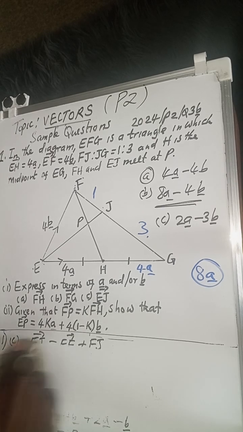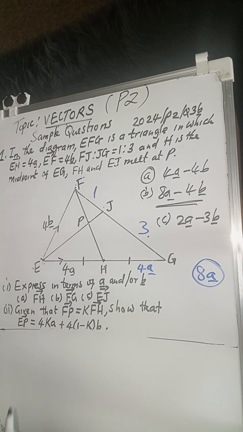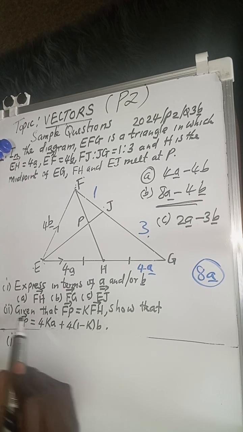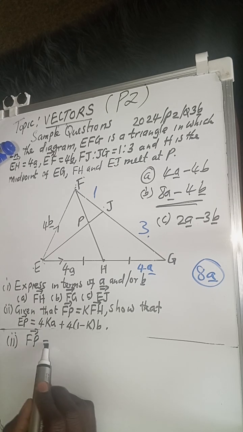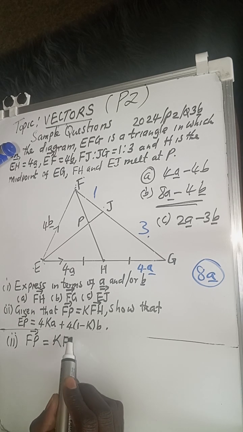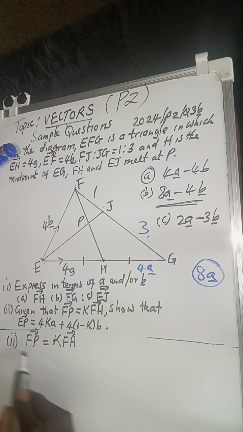Let's move on to the Roman 2 that they have actually given us. How do I get my Roman 2? It says, given that F to P, if you want to move from F to P, you can say K, which is a constant, multiplied by the vector FH. That's what they tell you. So first of all, find this one.